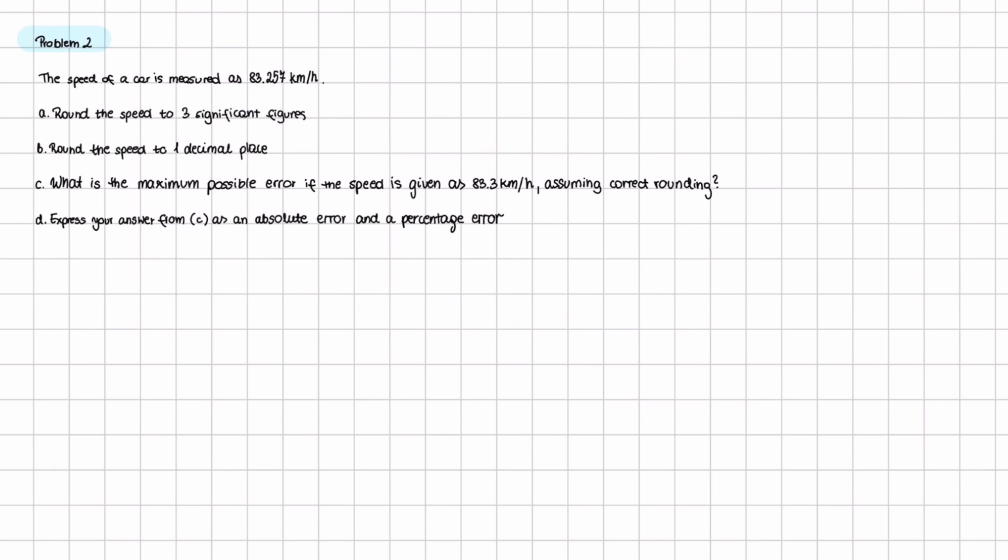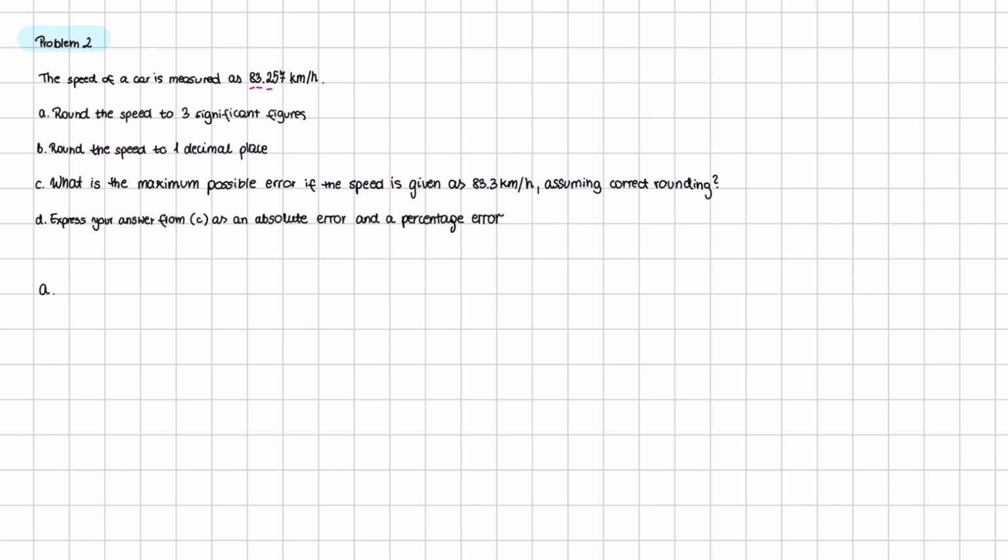Problem number 2 says that the speed of a car is measured as 83.257 kilometers per hour. And in point A, we have to round the speed to three significant figures. So three significant figures are 8, 3, and 2.